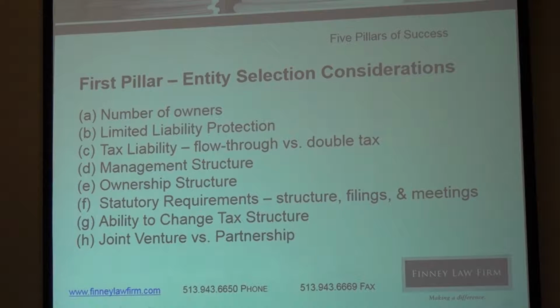You can have an unlimited amount of members, unless you elect to be taxed as an S corporation, which can only have 100 shareholders or 100 owners. In a C corporation, you have shareholders instead of owners, and they act as decision makers with their voting interest.